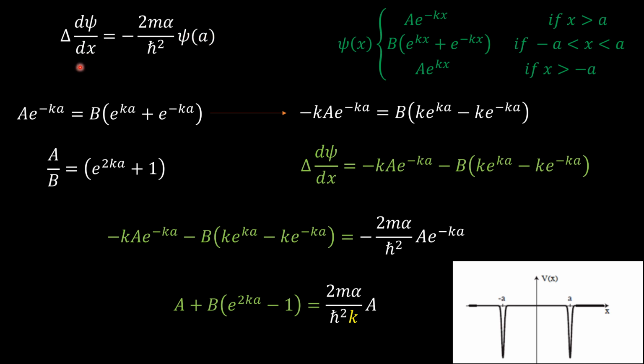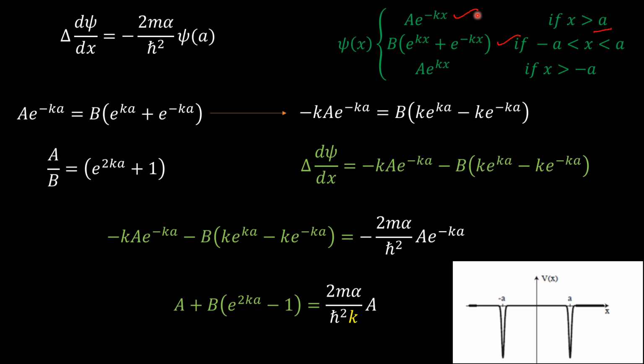So now we can compare. We have taken the positive x direction as reference. These are the wave functions for x greater than a, and for x between minus a and plus a.